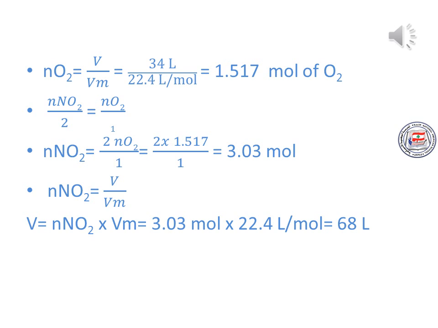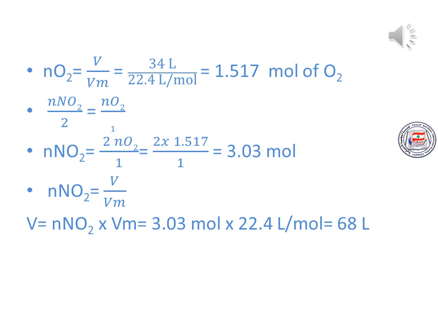Then we use number of moles of nitrogen dioxide divided by the coefficient 2 equal to number of moles of oxygen divided by the coefficient 1, and the number of moles of nitrogen dioxide equal 2 times number of moles of oxygen, and the answer is equal to 3.03 moles.